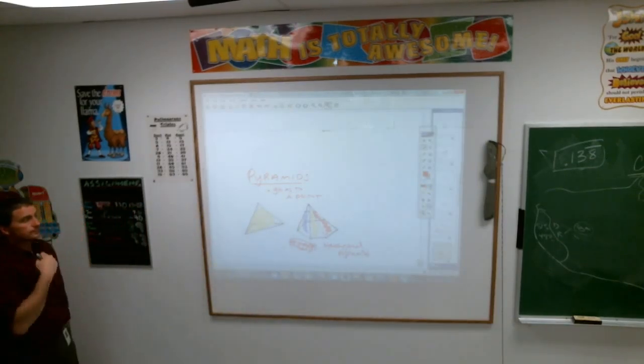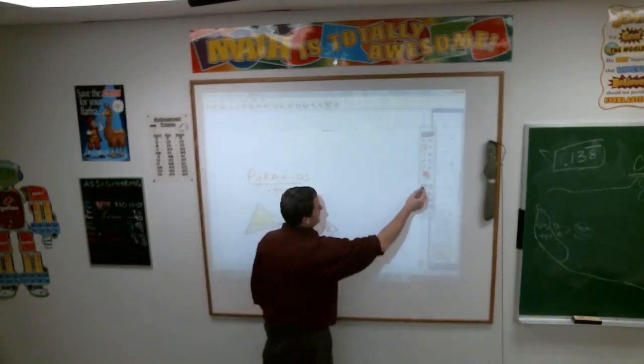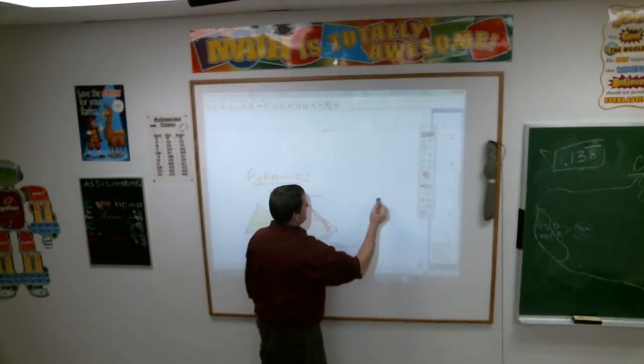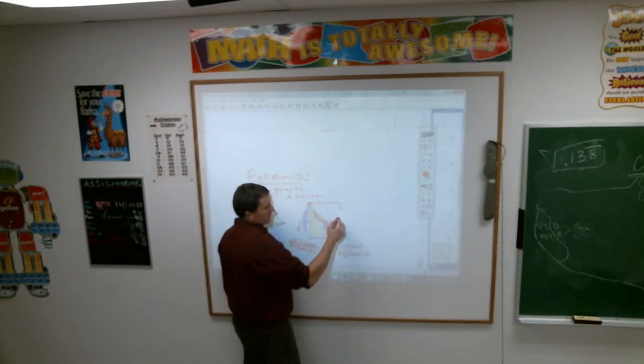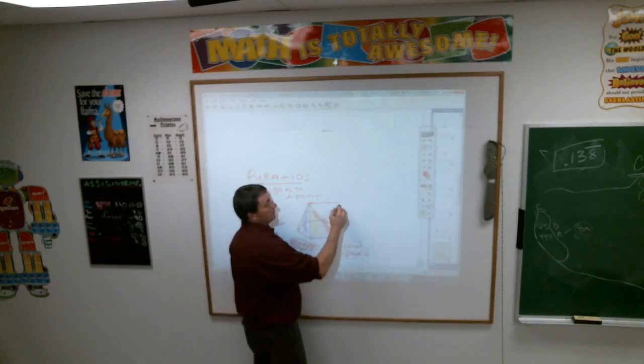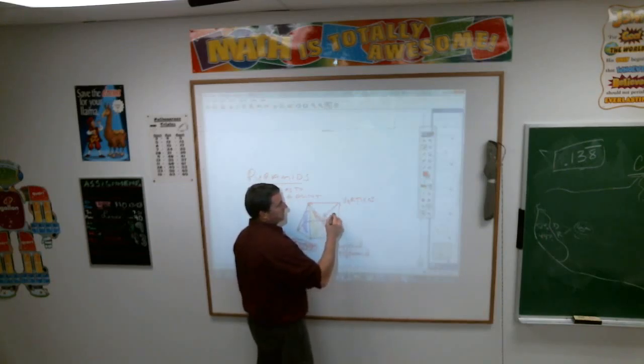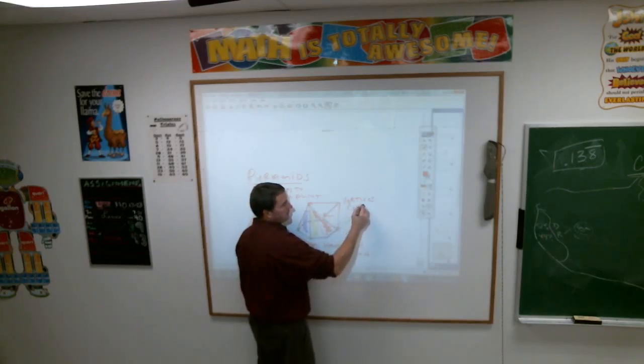Okay. Now what we haven't talked about are special names of the points. When things come to points here, those are called the what of the shape? Well, plural is vertices. Singular is vertex.